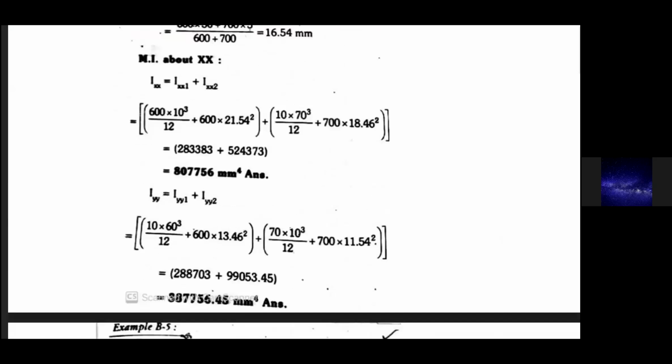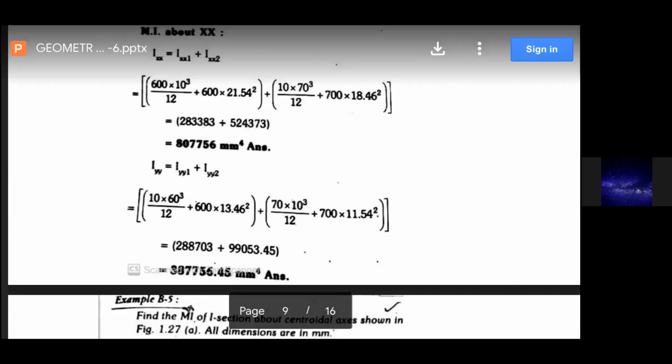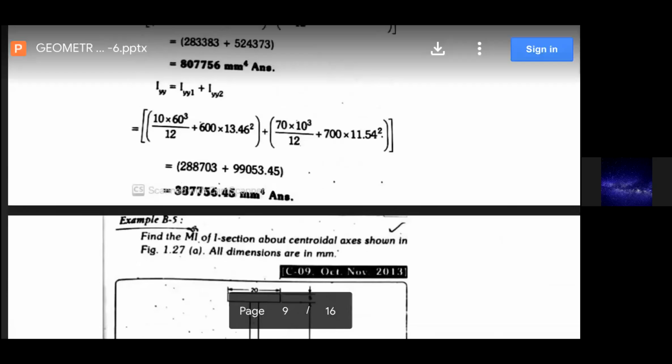Substitute the values and calculate. Similarly, find Iyy equal to Iyy1 plus Iyy2. That is, d1 b1 cube by 12 plus a1 into hx1 square, and d2 b2 cube by 12 plus a2 into hx2 square. So substitute the values and simplify, and you will get the answer.